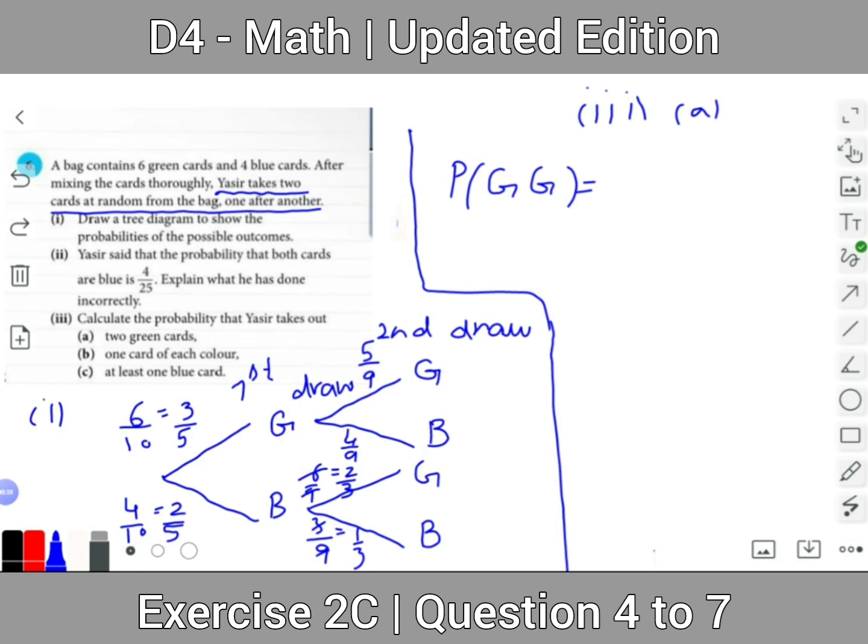So for this we have 3 over 5 multiplied by 5 over 9, and it will be equal to 5 3s are 15 over 5 9s are 45, and after simplification it will give us 3 over 9. With more simplification, it will give us 1 over 3. So the probability that 2 cards are green is equal to 1 over 3.